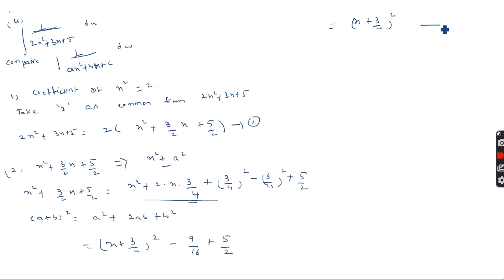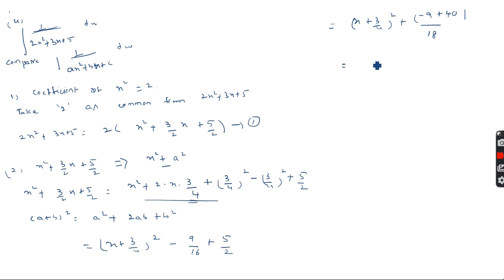It can be written as x plus 3 by 4 whole square. Here the LCM is 16. So we get minus 9 plus 8 into 5, that is 40. So that is this value.